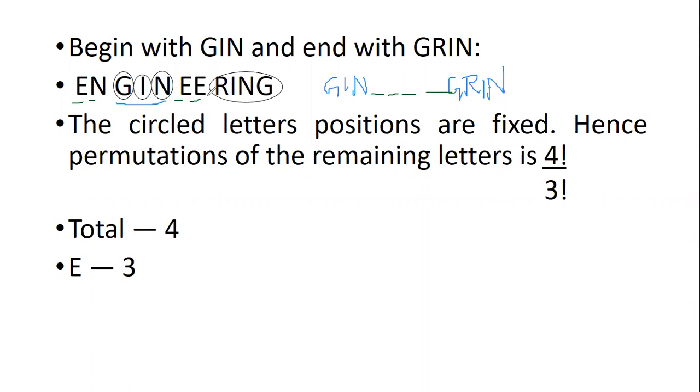Out of E, N, E, E, E is repeated 3 times. Correct? And how many spaces are we supposed to fill here? We have 1, 2, 3, 4. 4 spaces we have to fill.